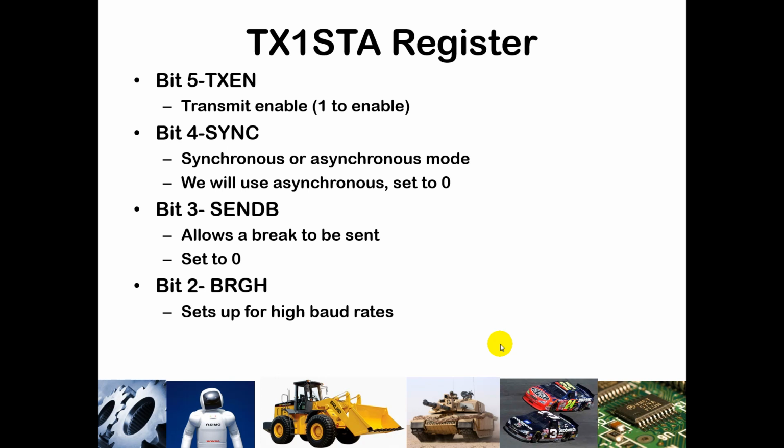And then SYNC, the sync bit, determines whether we are in synchronous or asynchronous mode. We're going to be in asynchronous mode, and so we will set that to a 0. And then SENDB allows us to send a break between our data. We're not going to use that, so we will just set that to a 0. And then the BRGH we already talked about is involved in whether you're using high or low baud rates.